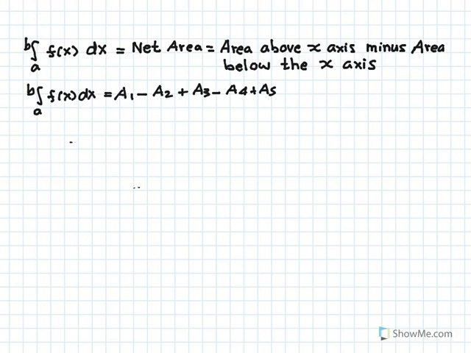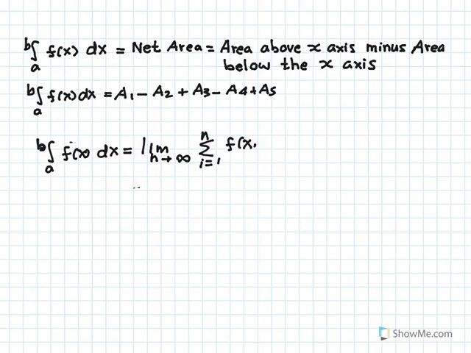If f of x is integrable on [a, b], then the integral from a to b of f of x dx is equal to the limit as n goes to infinity of the sum from i equals 1 to n of f of xi delta x.